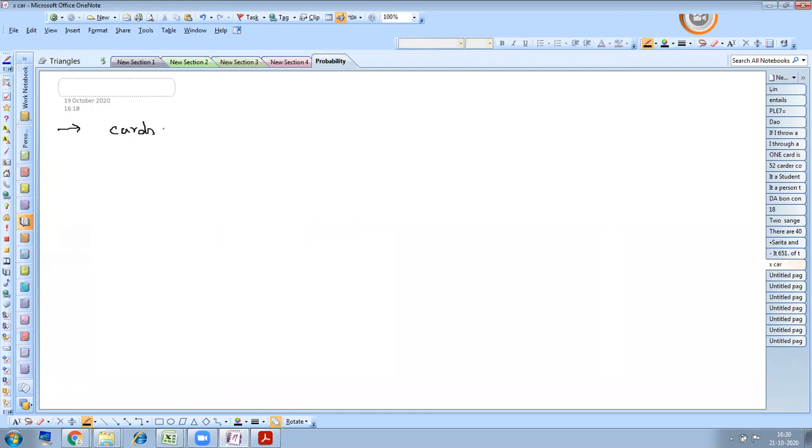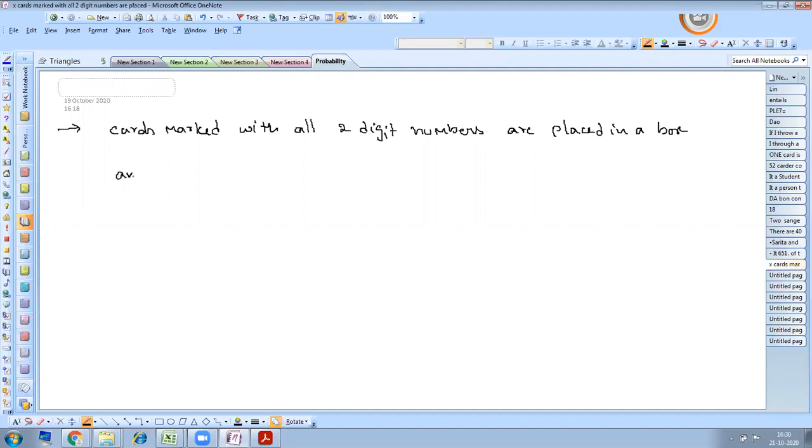Cards marked with all 2-digit numbers are placed in a box and are mixed thoroughly. One card is drawn at random.